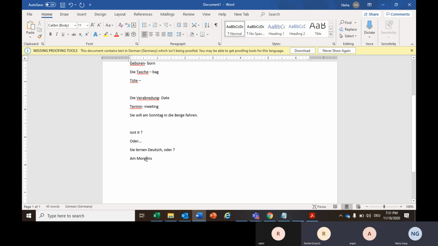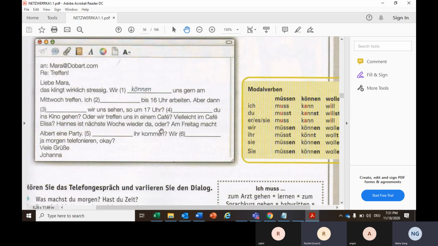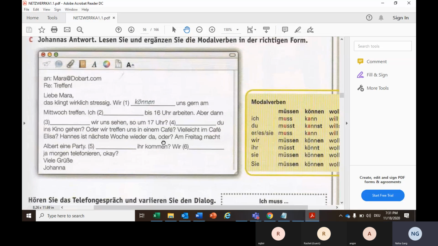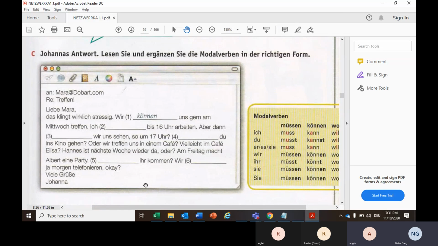So when you want to use morning in a plural way, something you do in the morning on a regular basis, then you can use Morgens. Morgens, in the morning. Okay. Is this clear?